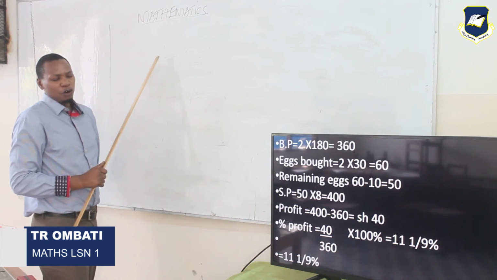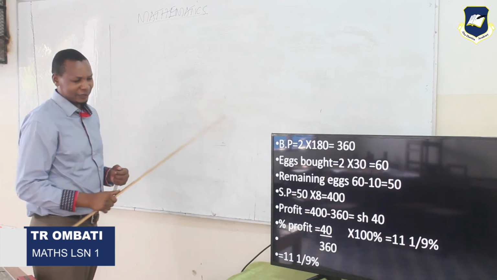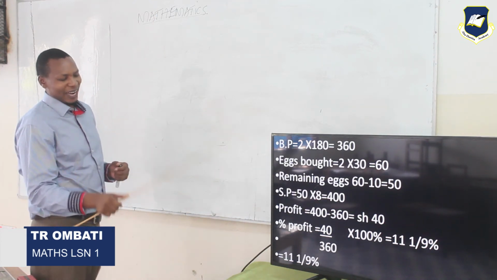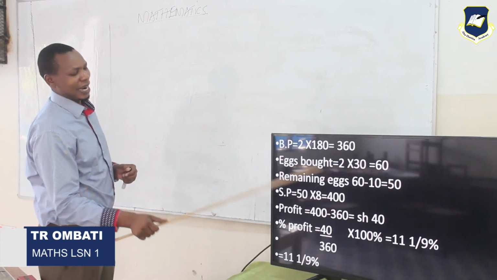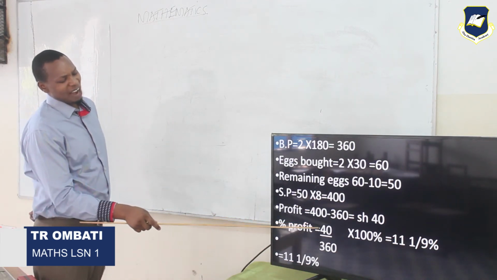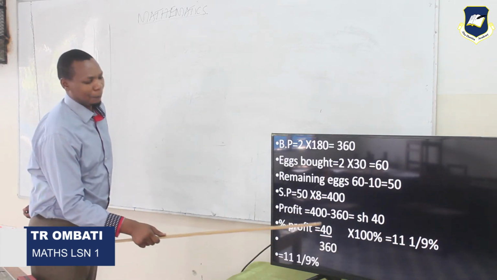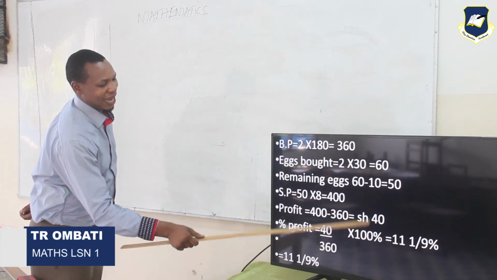So how do we find the percentage profit? Percentage profit is the profit divided by the buying price times 100%. In our case, we have 40 divided by 360 multiplied by 100%.